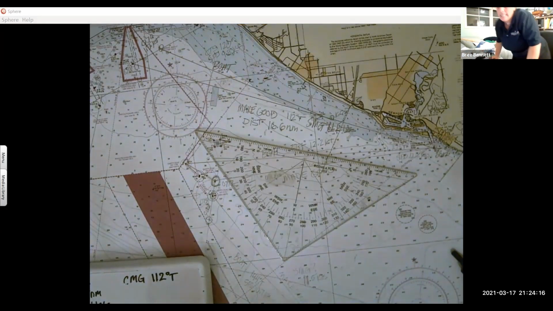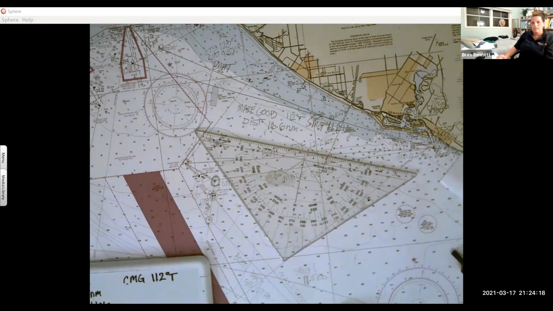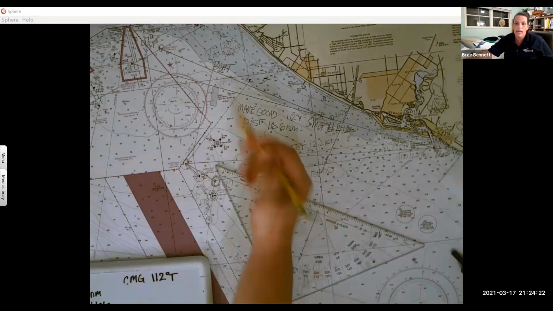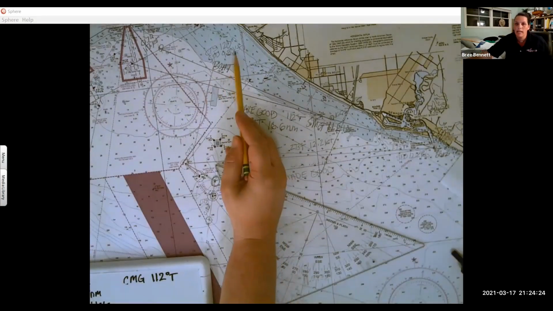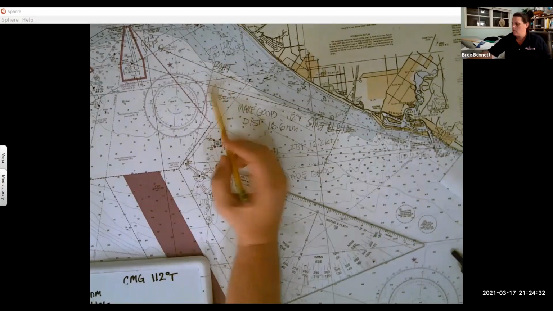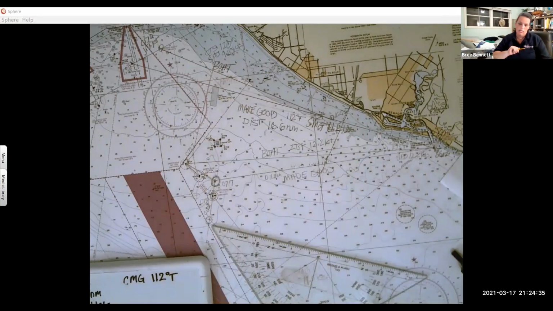That was my distance of 9.8, and this is on the hour. So my 9.8 distance is equal to my 9.8 speed that I want my boat to do. Okay.